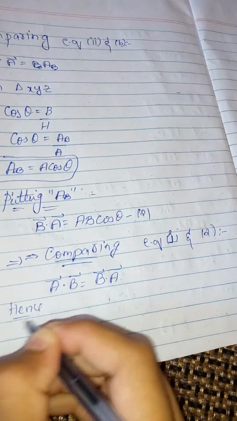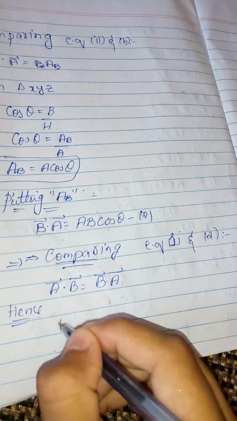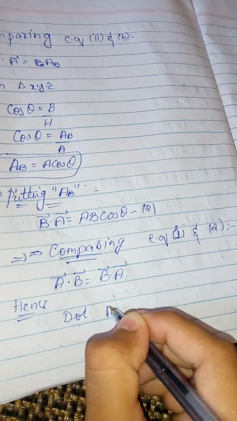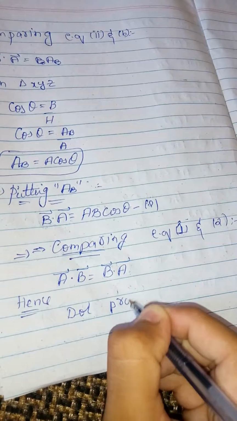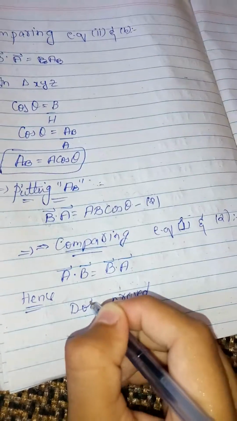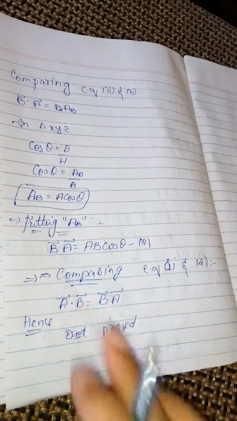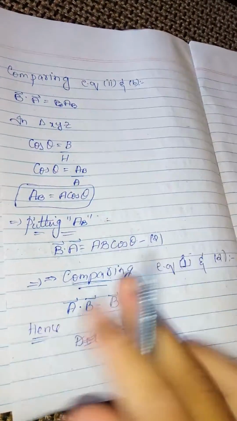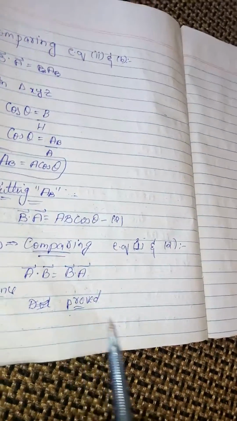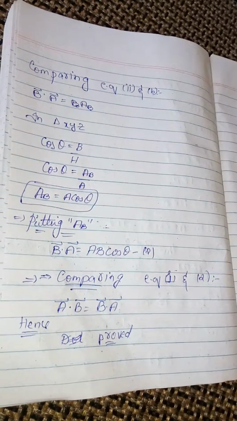Hence proved. This proves that a vector dot b vector is equal to a b cos theta, and b vector dot a vector is also equal to a b cos theta. So the commutative law of the dot product is proved.